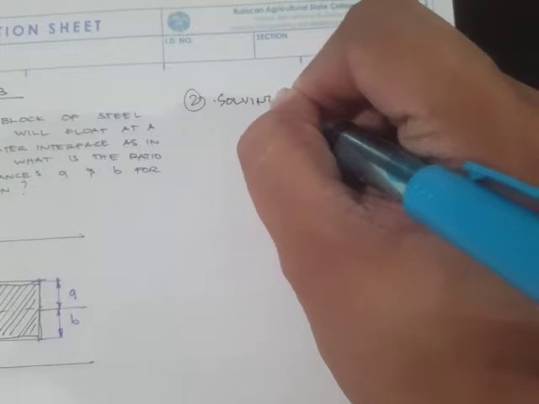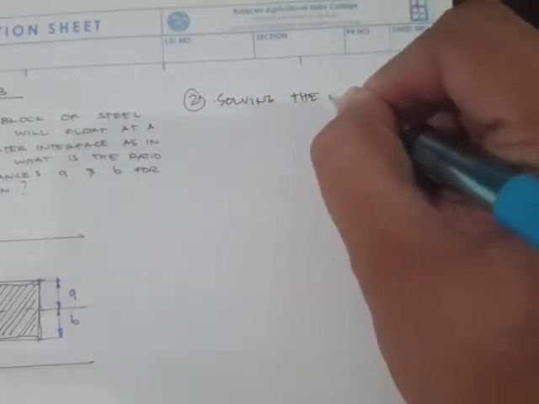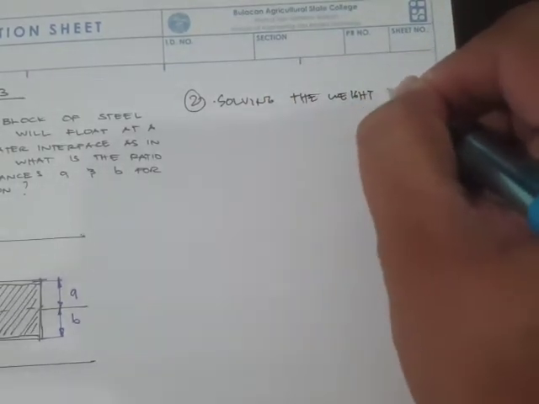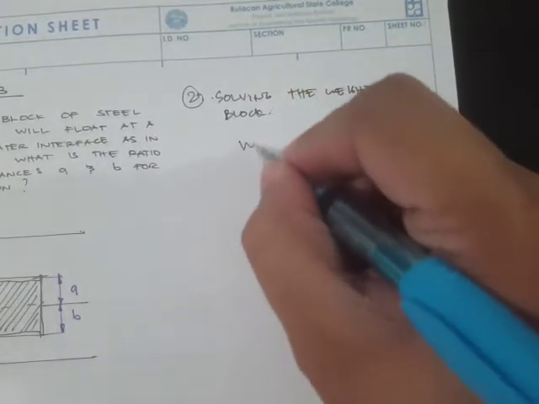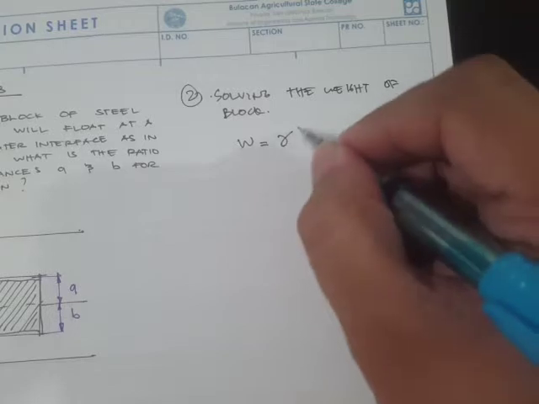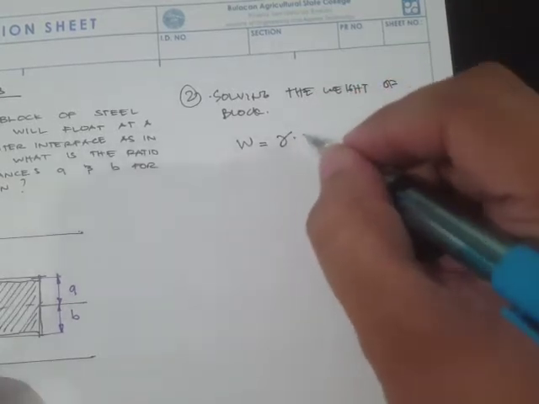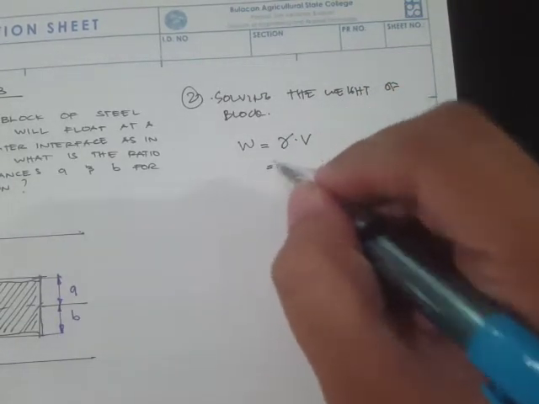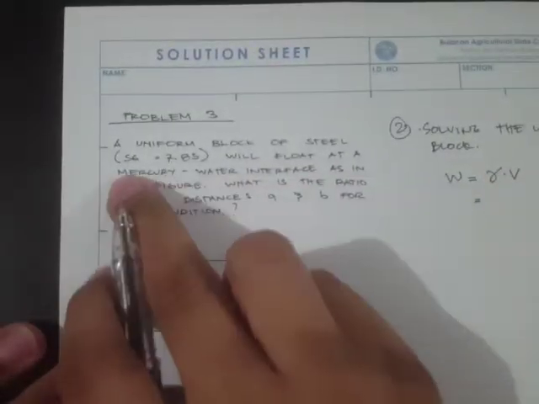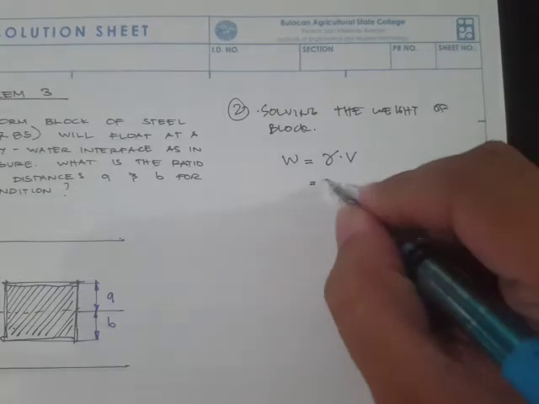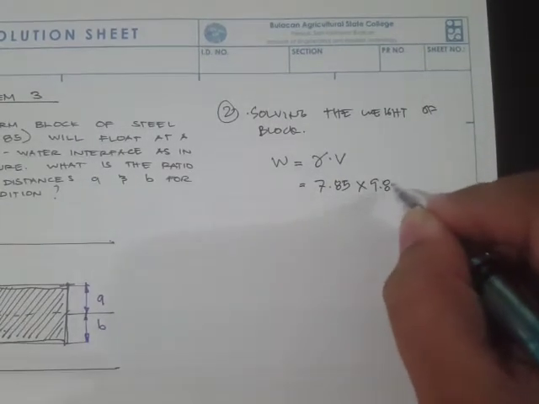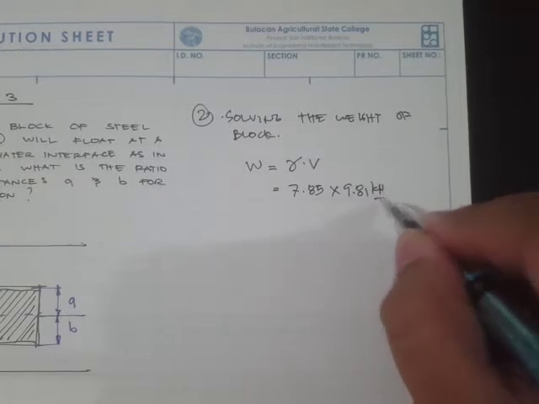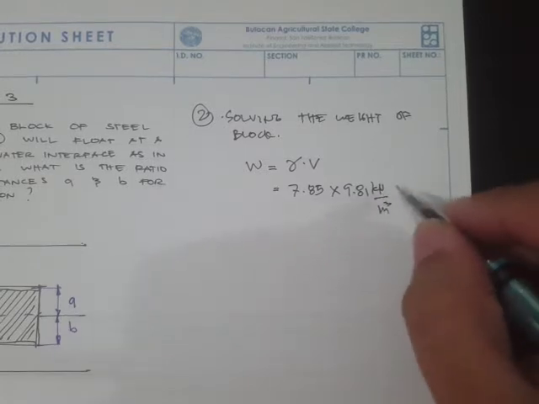So solving for the weight of the block, W is just equal to the unit weight times the volume. The unit weight is Sg times the unit weight of water, so that's 7.85 times 9.81 kilonewton per meter cube.